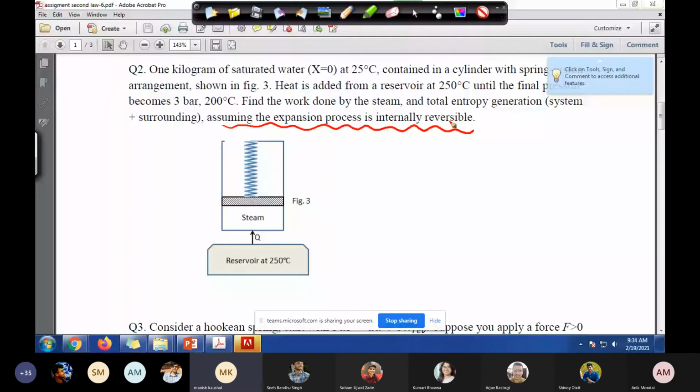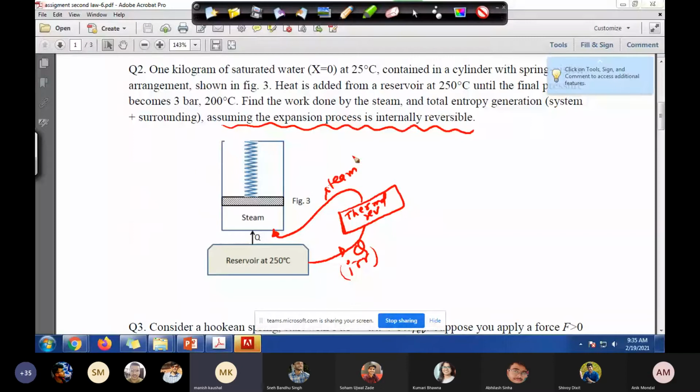Yes, sir, we have to assume another thermal reservoir. Very good. A new thermal reservoir. So here Q is going irreversibly, and then we have to keep it in contact with steam. Very good. That is point number 1.